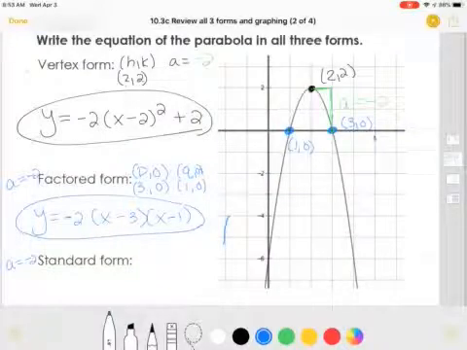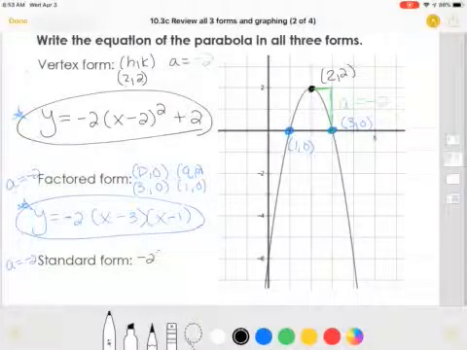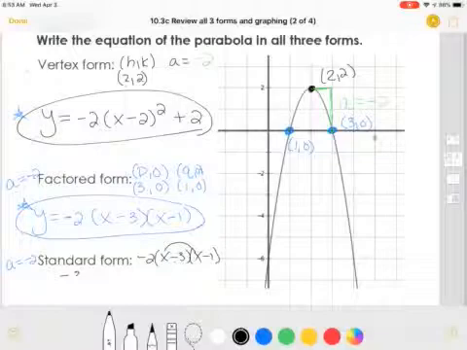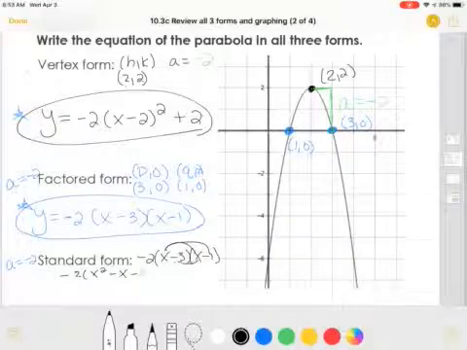Last but not least is our standard form. Remember, for standard form, we're just going to pick one of these forms, either vertex or factored, and multiply it out. So I'm actually going to pick my factored form. Negative 2 times x minus 3 times x minus 1, and I'm going to multiply what's in my parentheses first. Well, x times x is x squared. X times negative 1 is negative 1x. Negative 3 times x is negative 3x.